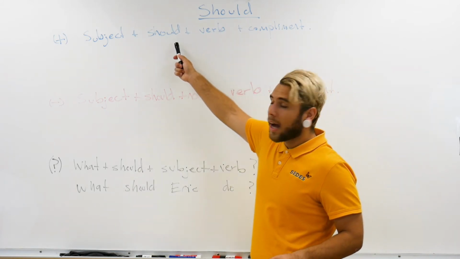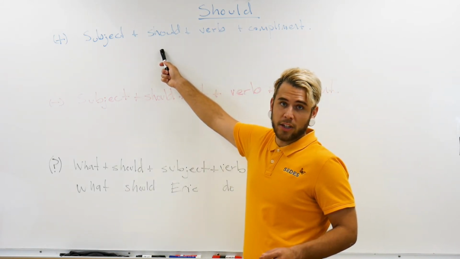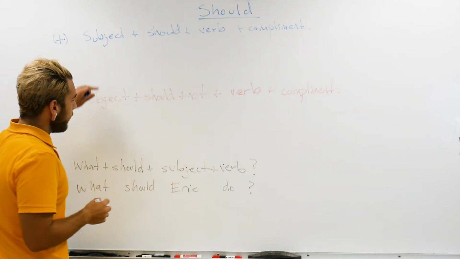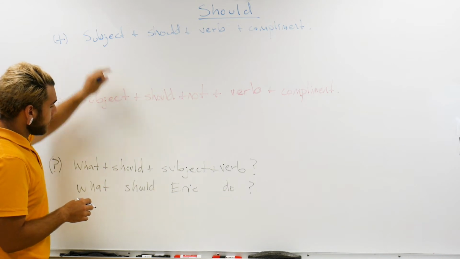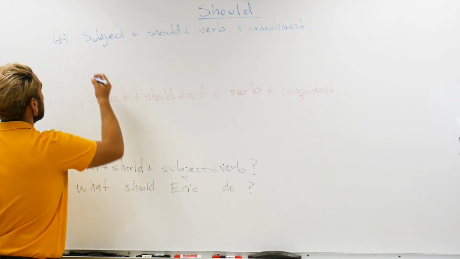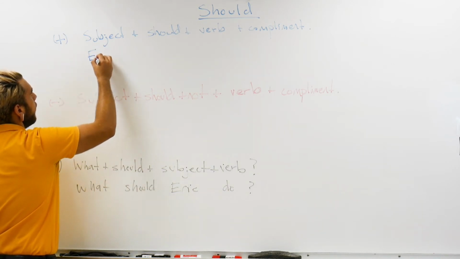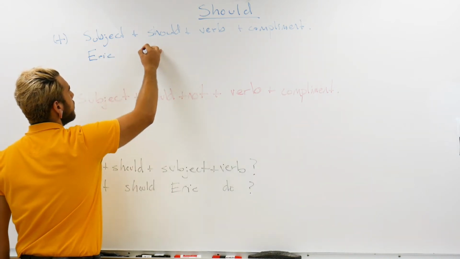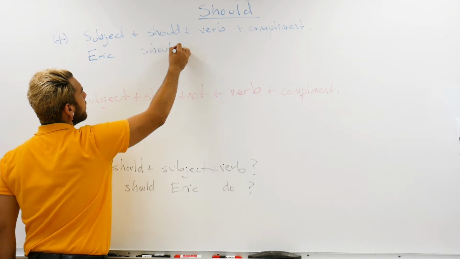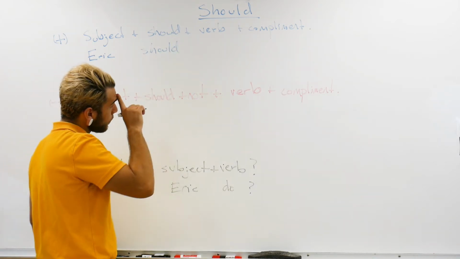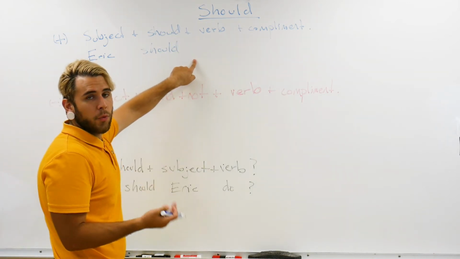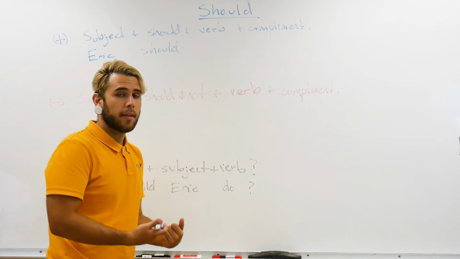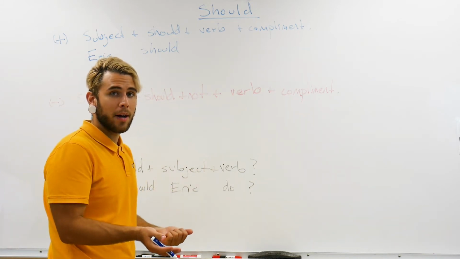Now we'll start going to the positive suggestions. We're talking about the subject Eric, and then the word should for the suggestion or advice. Eric should, and remember, my car broke down. So what's a possible solution that you think I can do to fix my problem?